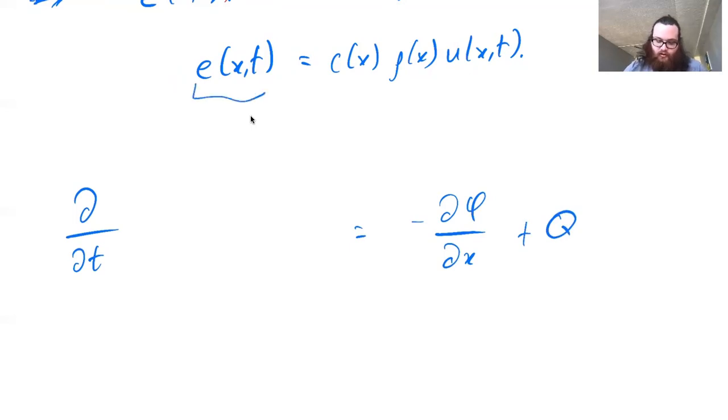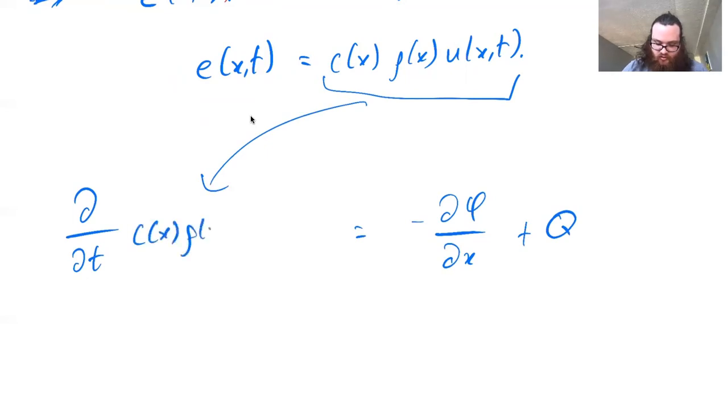E of x,t used to be right there, so we substitute in this new expression for E of x,t. It's going to be C of x, rho of x, U of x,t, and that's equal to minus the partial derivative of flux plus the source term.